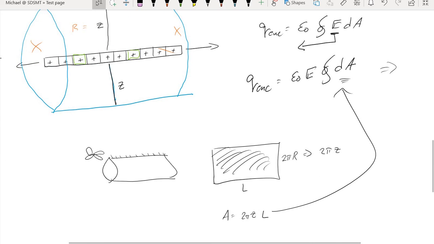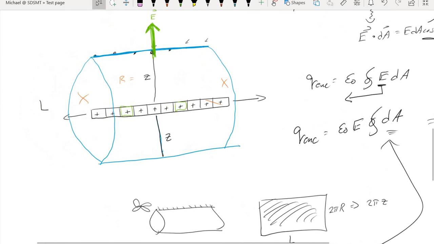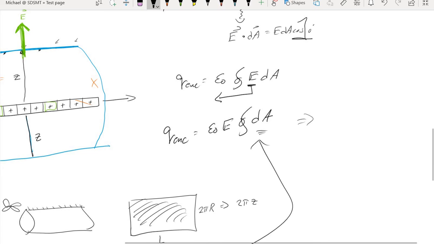The charge of the line. This is another reason why we wanted to use a finite line, is that for an infinitely long line of charge, we would have infinite charge, and we can't do that. But for a finite line, we can have a finite amount of charge.